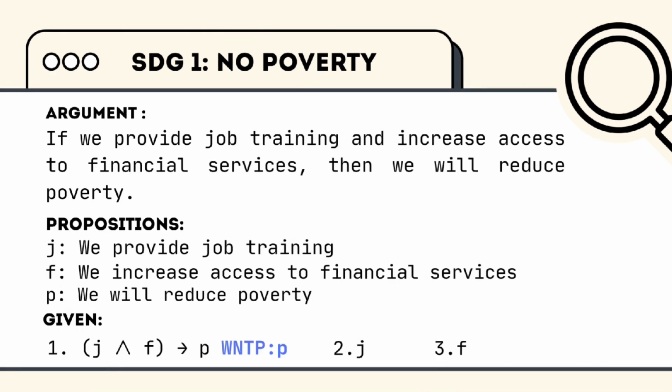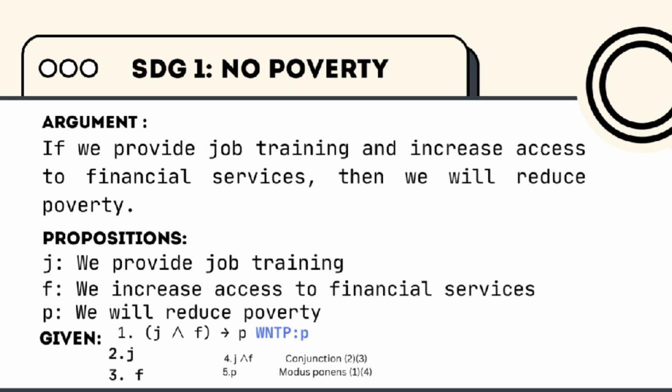So the givens are, number 1, if J and F, then P. And number 2, J. Number 3, F. And what we need to prove is P. To prove the SDG 1 argument, we use premise 2 and premise 3, and we can use conjunction.